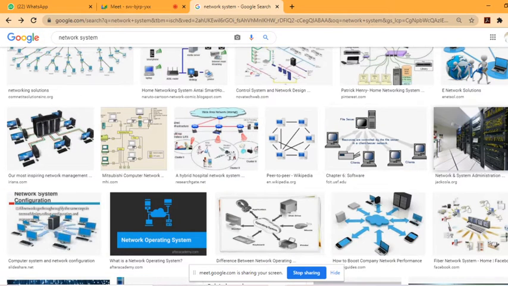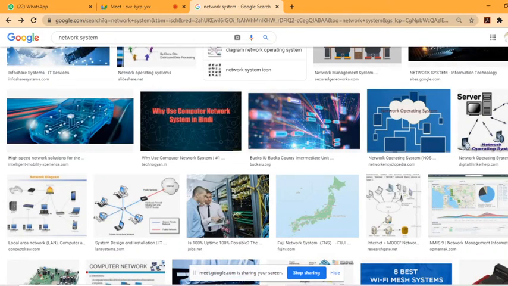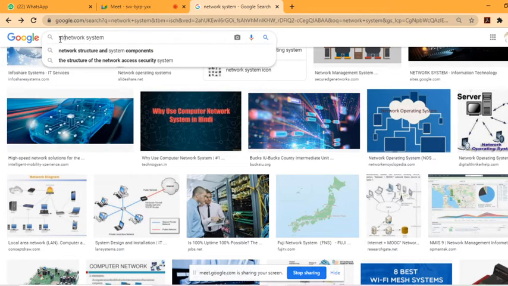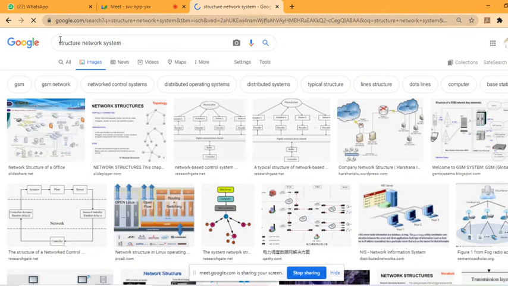So we have to understand the structure of this type of systems to analyze the system. Okay, structure. This is the mathematical structure of this type of network systems.